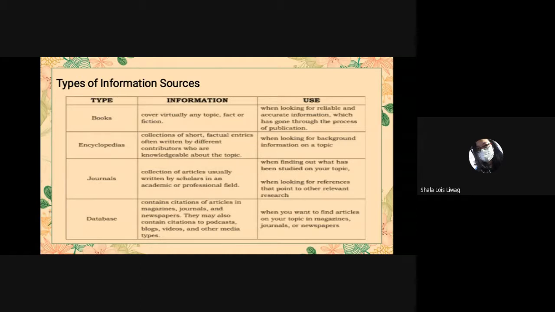Contains citations of articles in magazines, journals, and newspapers. They may also contain citations to podcasts, blogs, videos, and other media types. So this is very useful when you want to find articles on your topic in magazines, journals, or newspapers.